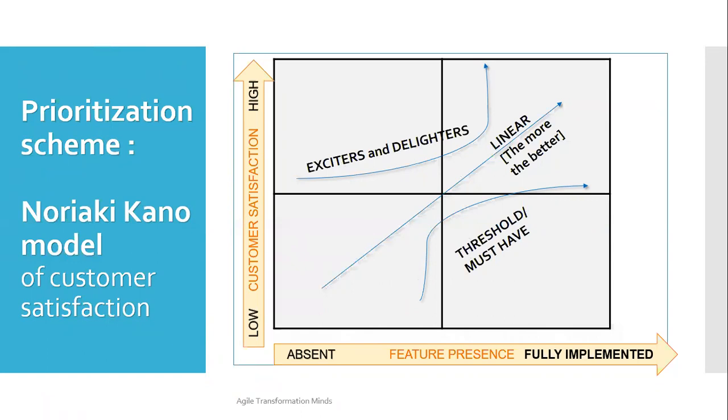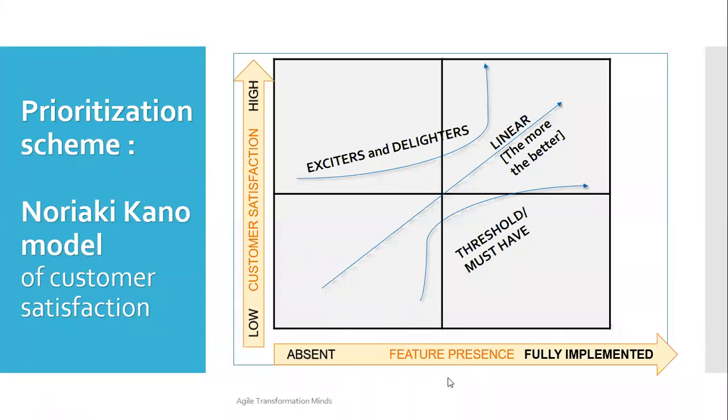So in the Kano model, they categorize customers into 4 types. One is exciters and delighters, and another is linear and threshold. You can see that on the y-axis they plot customer satisfaction, and on the x-axis they plot your requirements or feature presence.